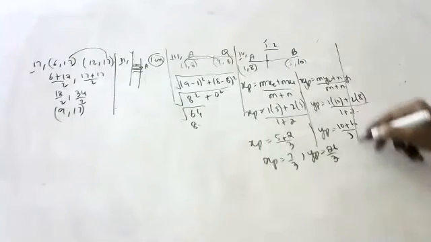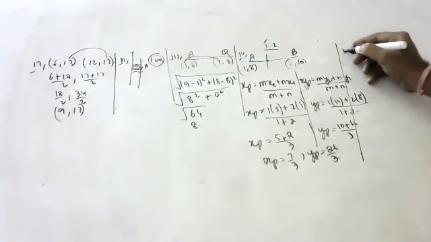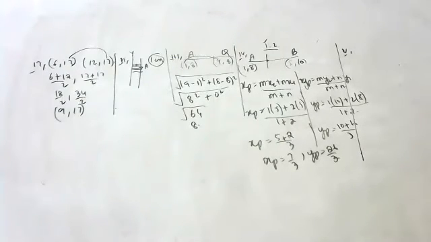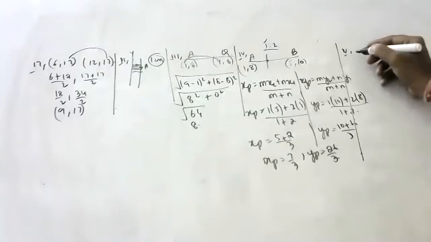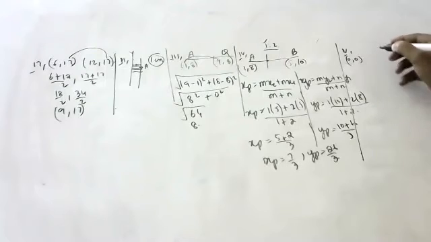Go to the fifth bit, children. Refer to the front view. Distance of point A from origin. Origin is O, (0, 0), and A is (1, 8).